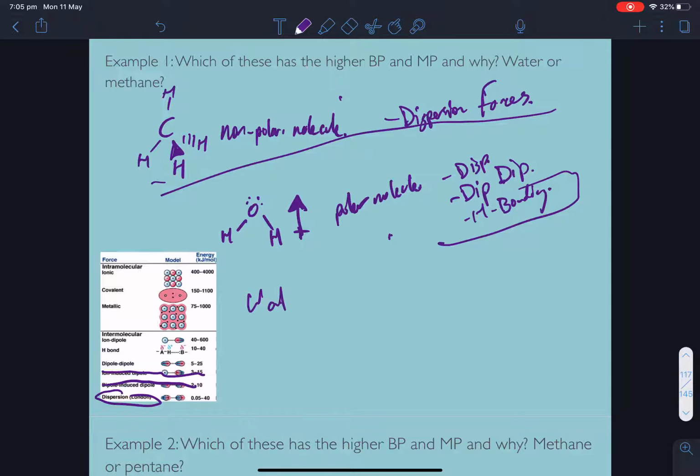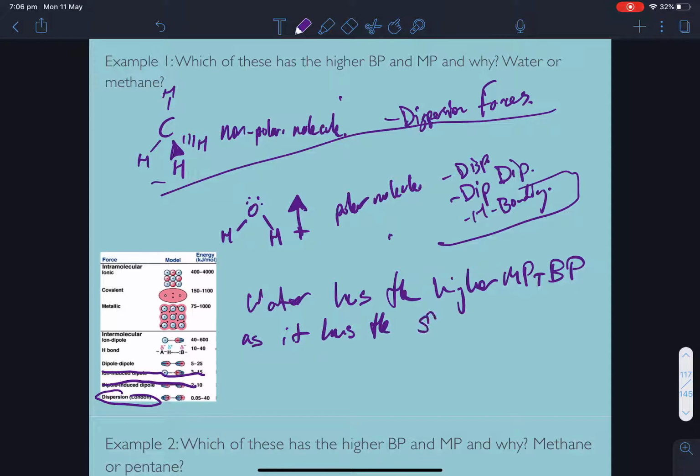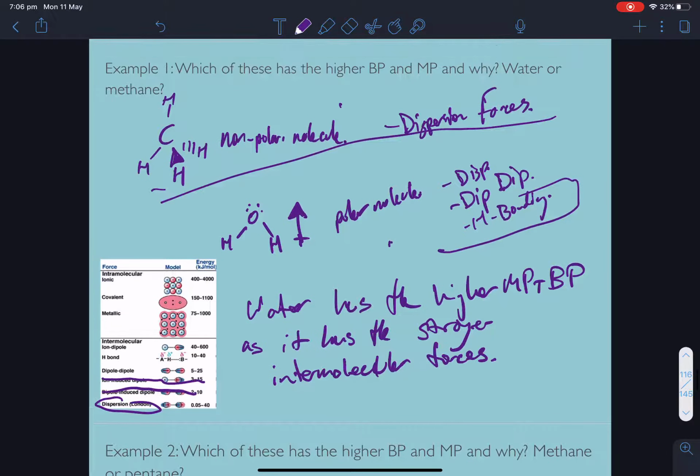So water has the higher melting point and boiling point, as it has the stronger intermolecular forces. Methane, remember, is what muggles call natural gas, which comes through the natural gas grid going to our houses.